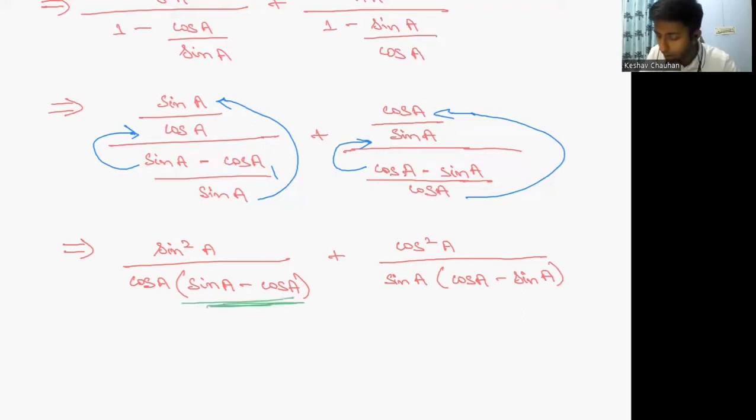Now we see that this term and this term can be similar. How can this be similar? If we take minus common from this term, it will become sin A minus cos A. So we'll do the same thing.